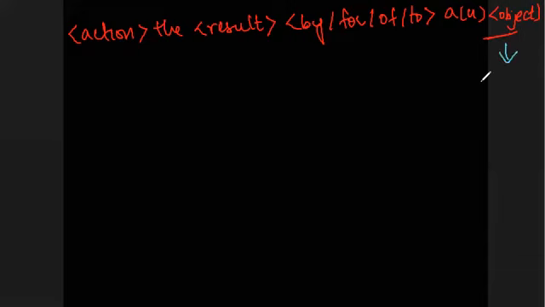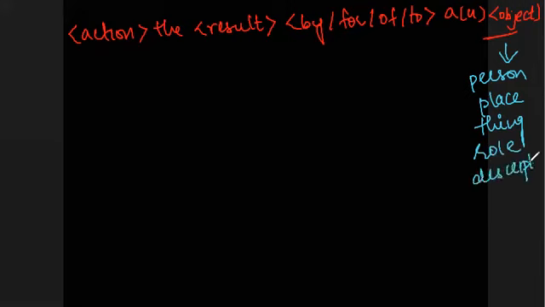This particular object can be a person, a place, a thing, a role, a description of a particular process, or a moment in time. So what is an object? An object can be a person, a place, a thing, a role, a description, or a moment in time.